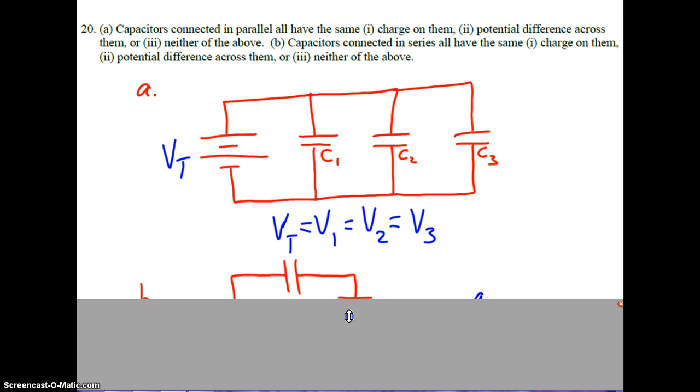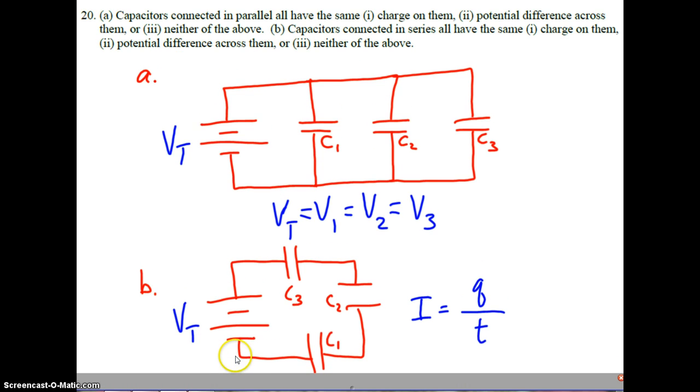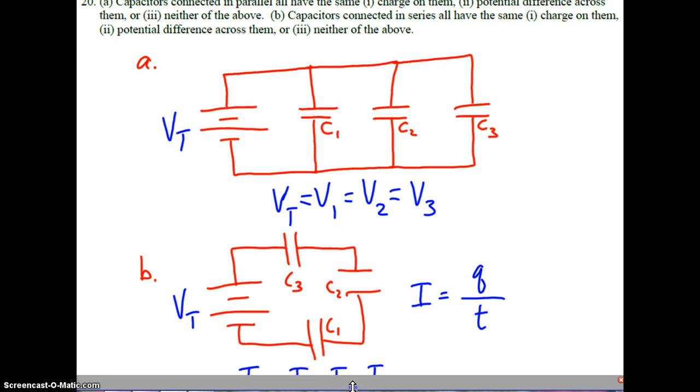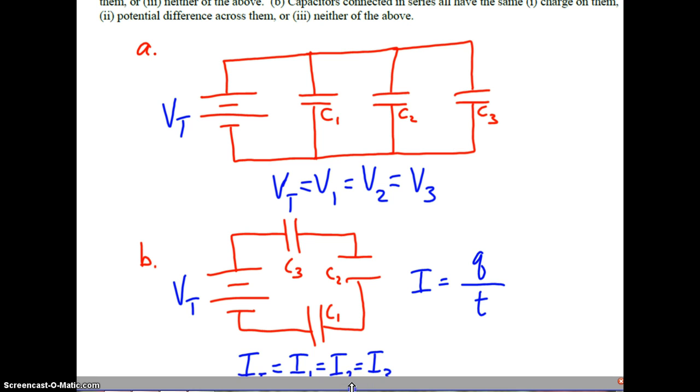For B, if we draw our series circuit, we are reminded that the key characteristic of any electrical device in series is that the current remains constant in that circuit.